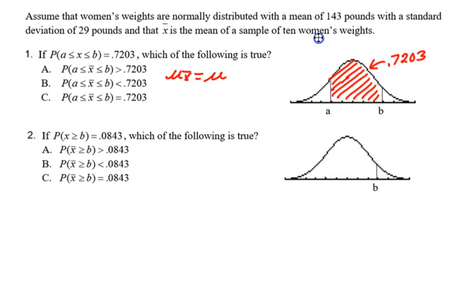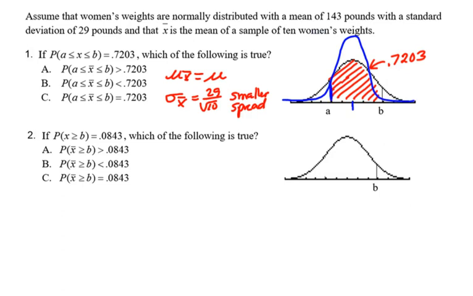The standard deviation would be less because sigma of X bar would be 29 divided by the square root of 10, so it's going to have a smaller spread. If it has a smaller spread, everything is going to be clustered closer to the mean. If the distribution is thinner, it still has to have a total area under the curve of 1, so it's also going to have to be taller. So basically we're looking at a distribution that's going to look more like this.